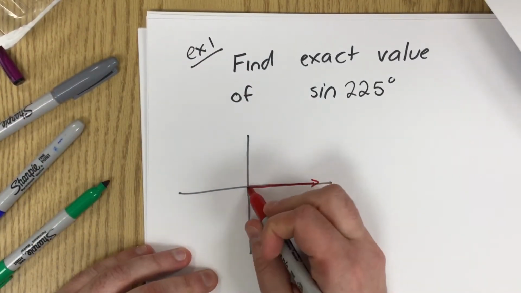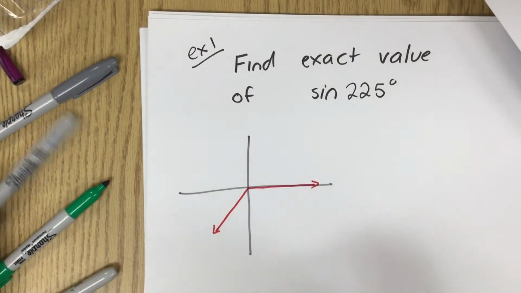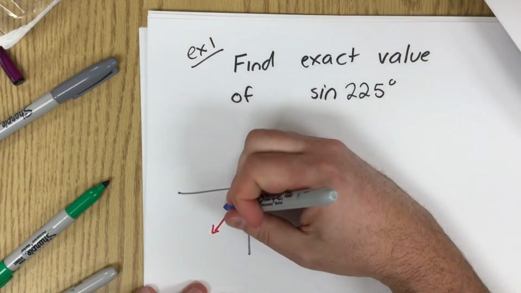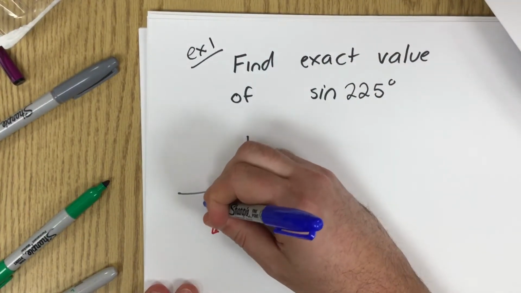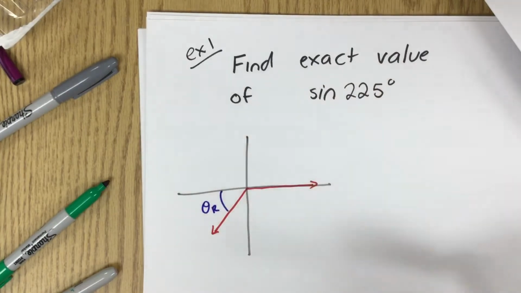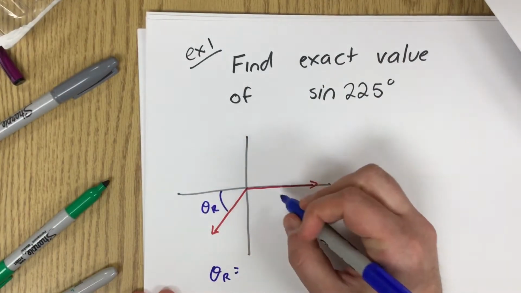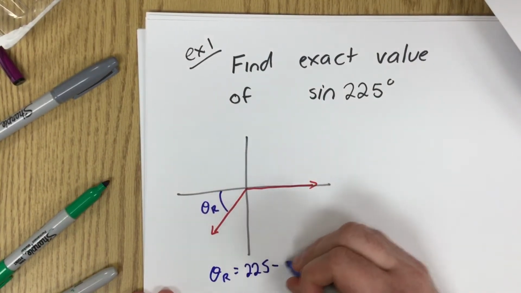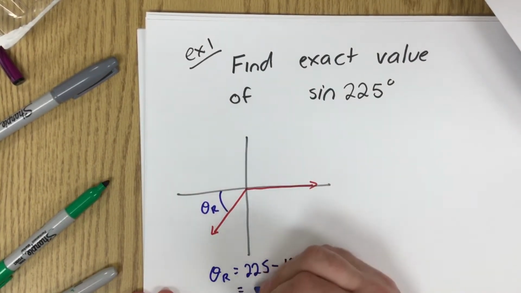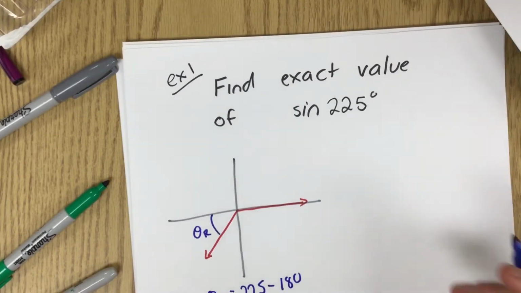It's going to be like that and like that. What we need is the related acute angle. So the related acute angle is over there. Since we're in the third quadrant, it's going to be the angle minus 180. So it's going to be 225 minus 180, which is 45 degrees.